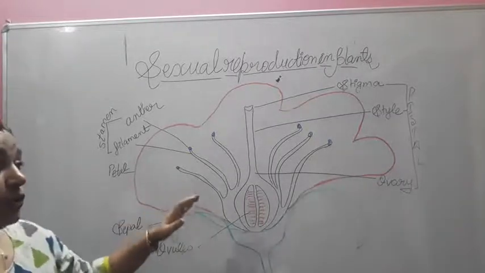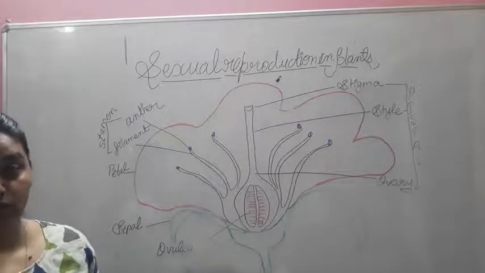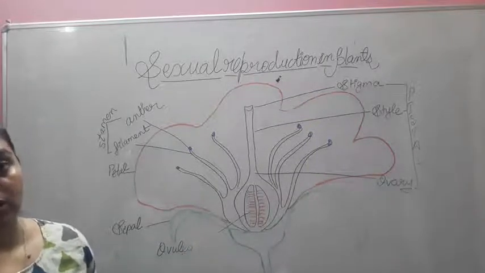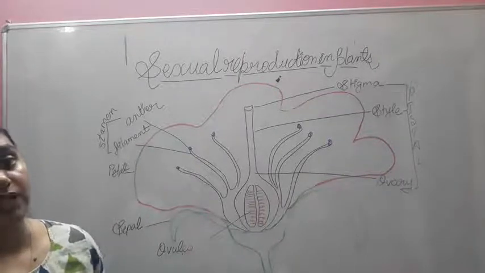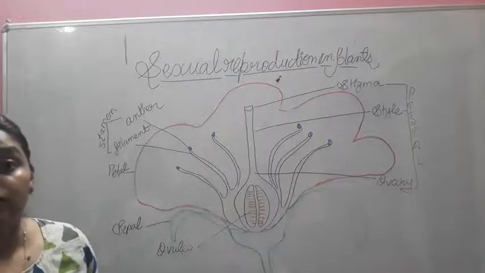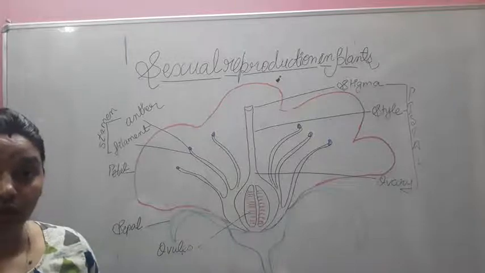As you know, in any sexual reproduction process, two parents are required, one male and the other female, in which there is fusion of male and female gametes which results in the zygote.